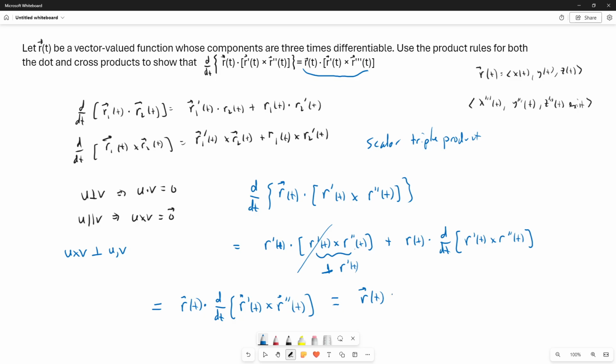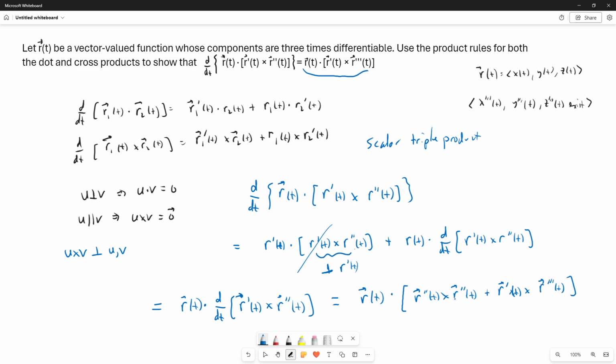So R of t dotted with, and now we want this derivative, and we'll use the product rule for the cross product, and that gives us, we take R double prime, the derivative of this one, so that's R double prime cross itself, and that's going to be the 0 vector because those are parallel, and then plus R prime crossed with the derivative of this one, which will be R triple prime.